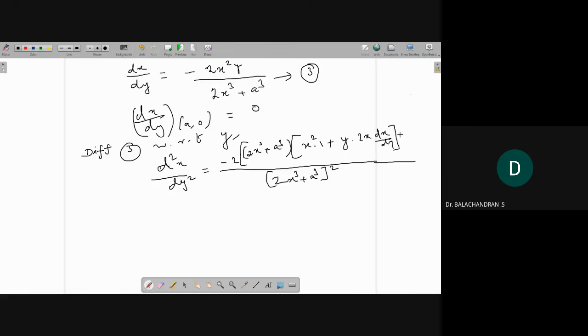Minus, you should keep the numerator as it is, x square y, and if you differentiate the denominator, I'll write here, this is multiplication, not x, so 6x square into dx by dy.